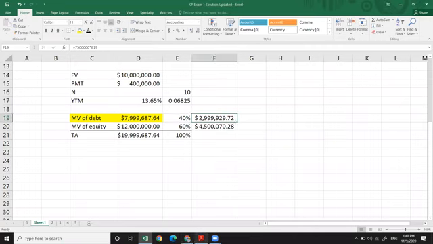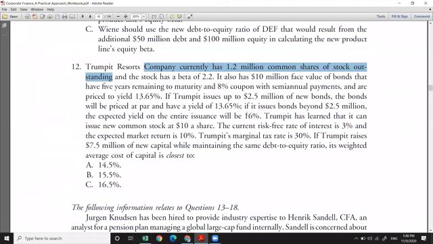Let me check my cost of debt. 16% is the expected yield on the entire issuance, the cost of debt, but it is before tax. Now we can calculate cost of equity and cost of debt.